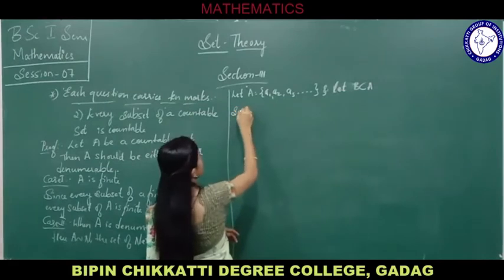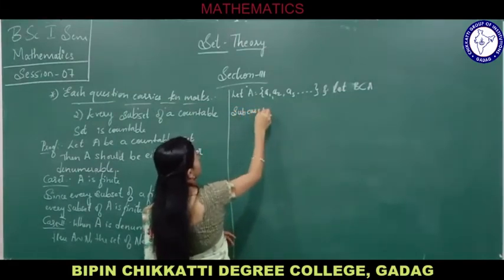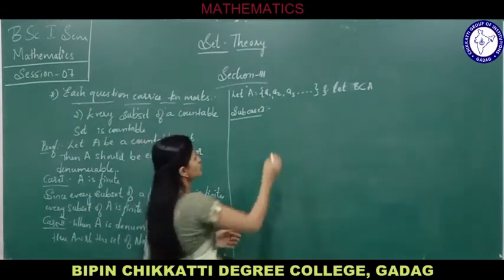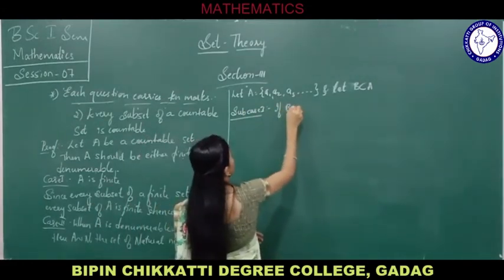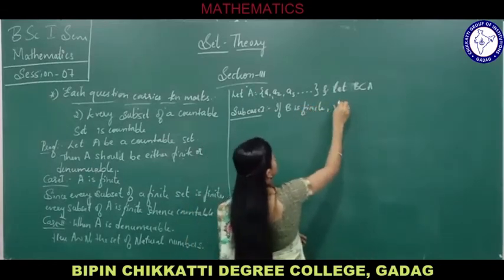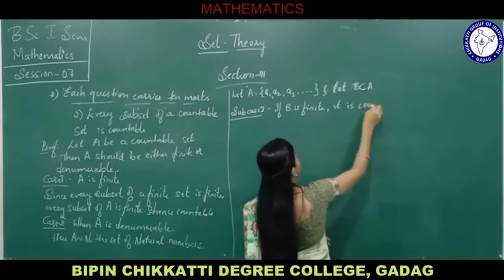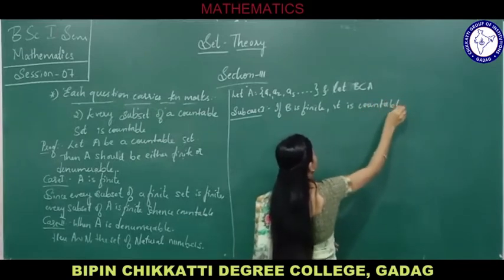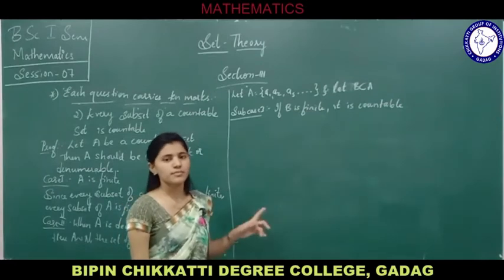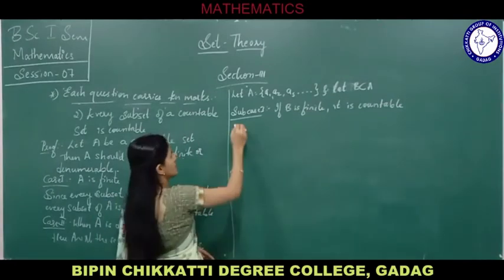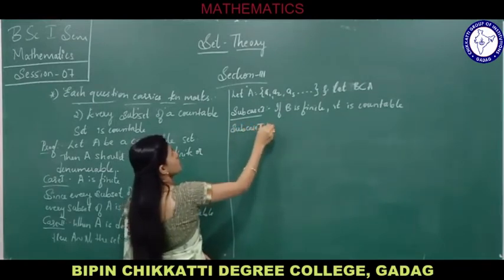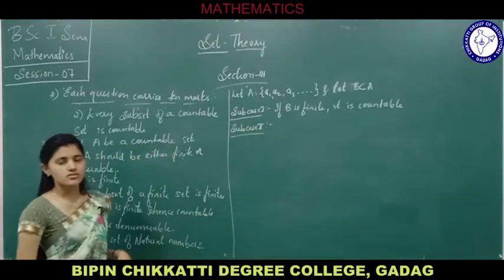Let us consider subcase 1. If B is finite, then obviously it is countable, and there is nothing to prove. We need to prove it for subcase 2, where B is not finite.